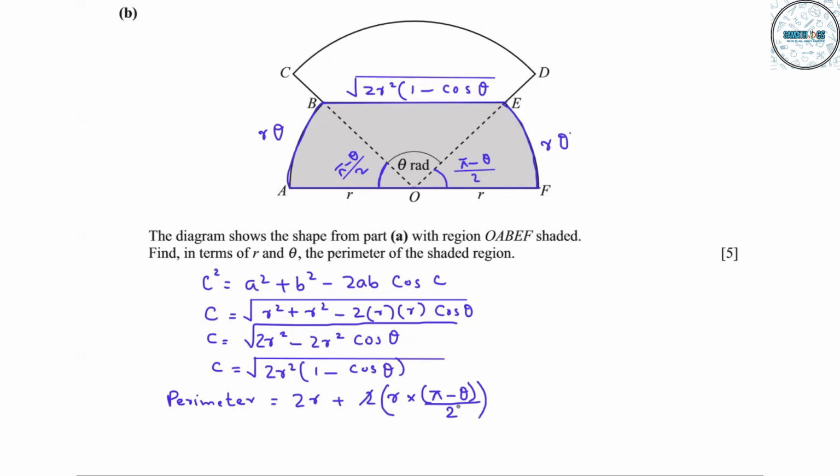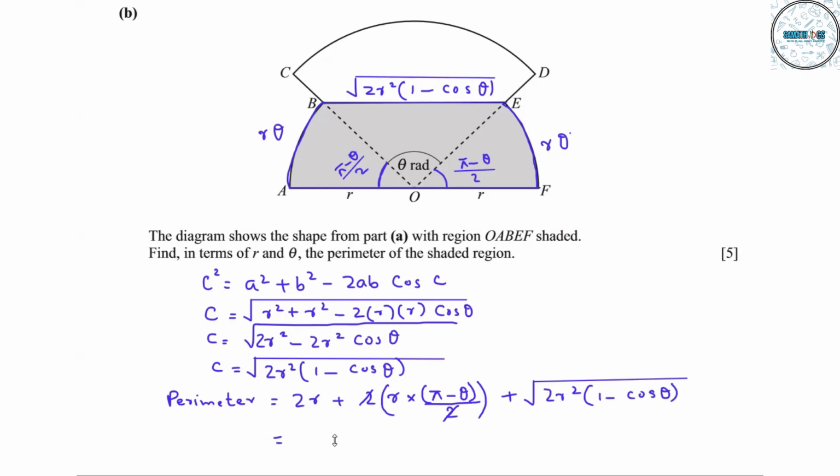So this 2 and this 2 will be cancelled out, plus square root of 2r square into 1 minus cos theta.